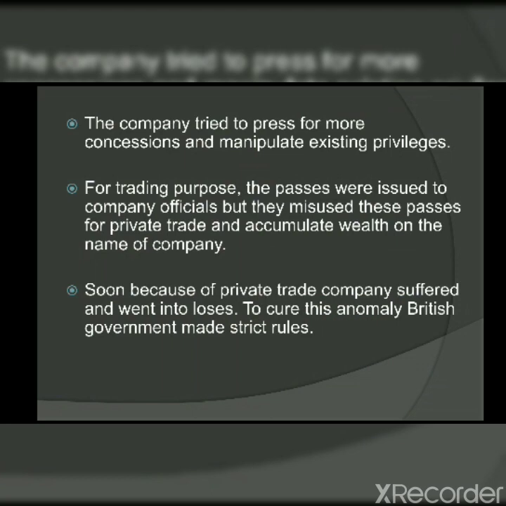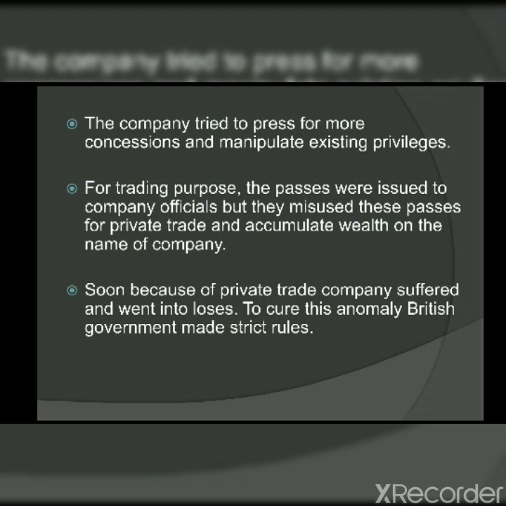For trading purposes, passes were issued to company officials, but they misused these passes for private trade and accumulated wealth in the name of the company. So children, there were passes made for the company officials to trade, but there were many officials who misused these passes and did private trading. That means personal trading that was not done from the company side.